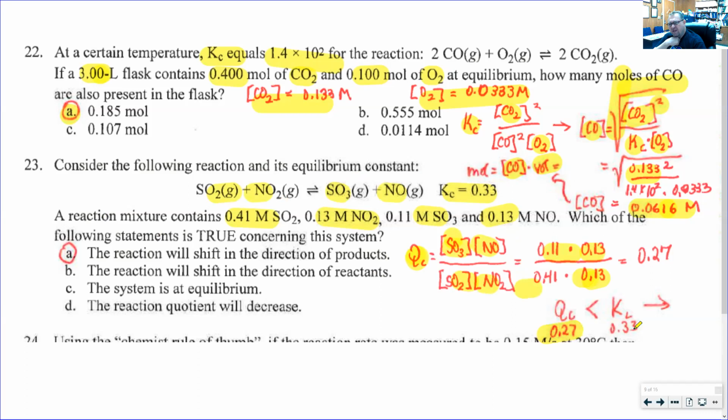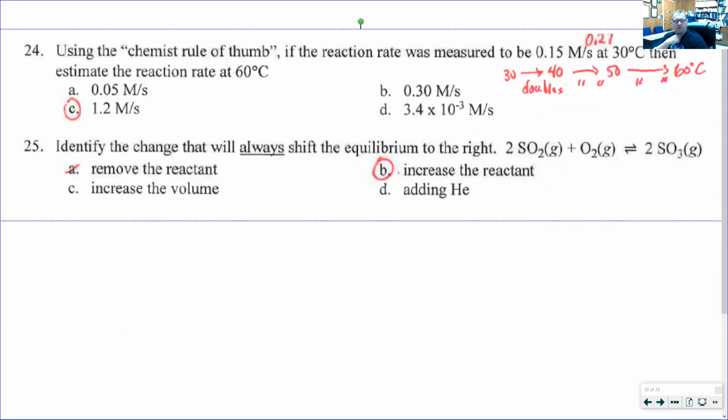The value for K is 0.33. That was a given in the problem. So based on that, it's going to shift in the direction of products to reach equilibrium, or in the forward direction, choice A.